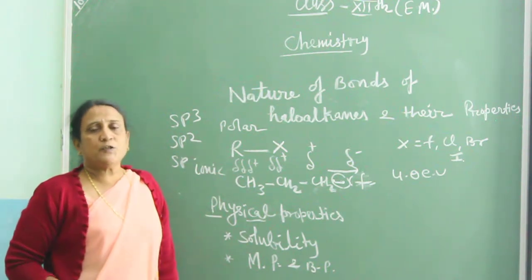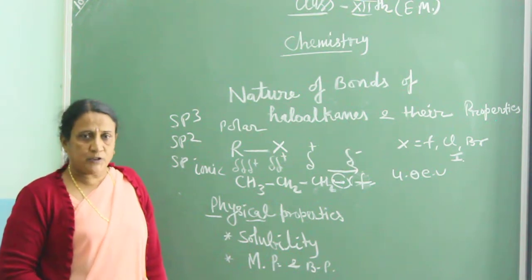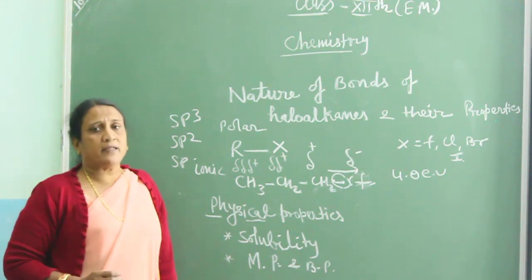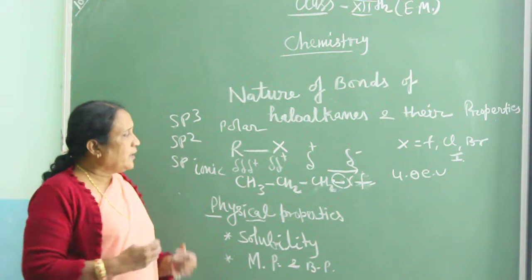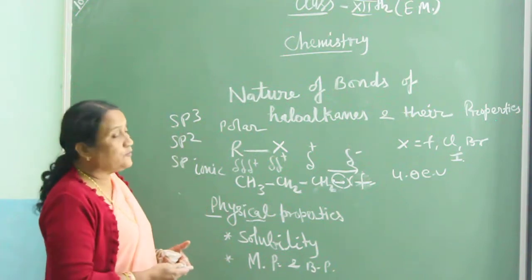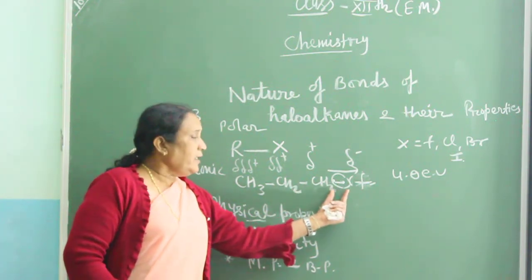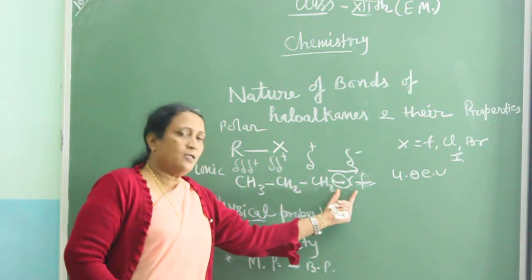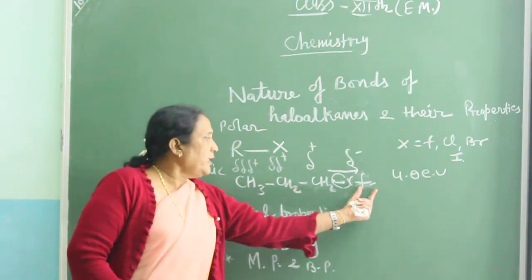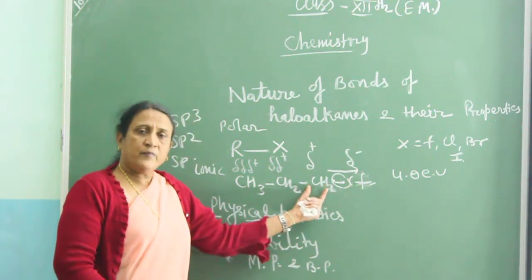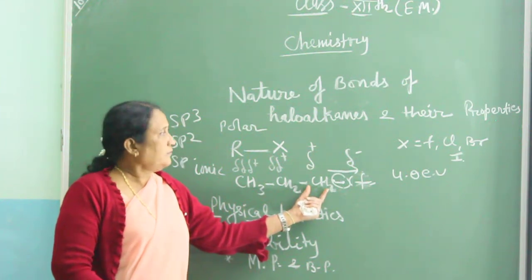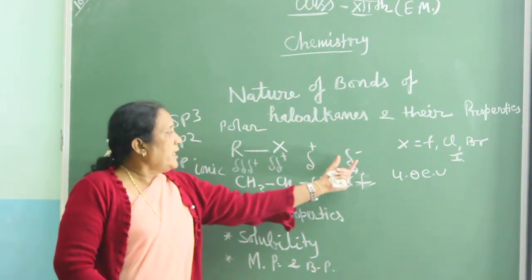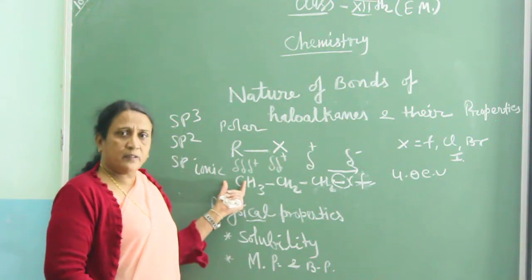Due to that, when the compound is formed, a tension or stretch is there between the fluorine atom and carbon atom, as well as charge developed over the carbon.